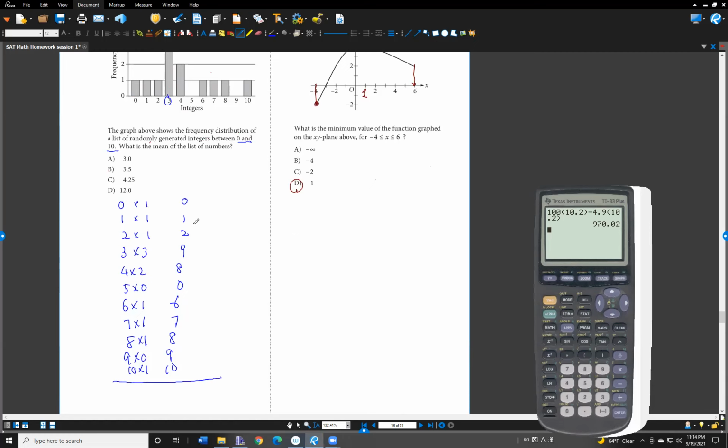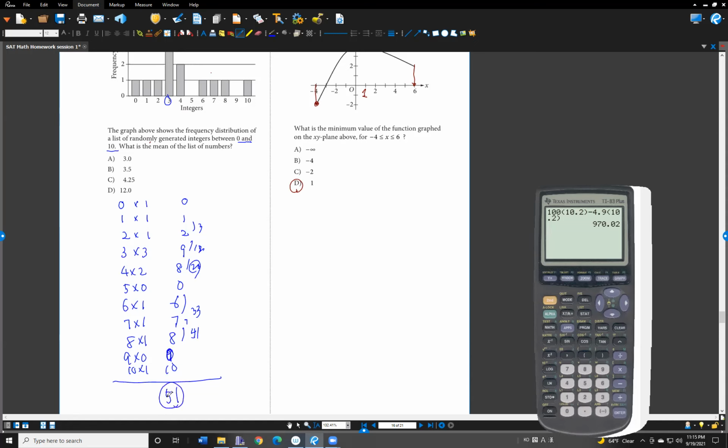Anyway, let me add these quickly: 3, 12, 20, 26, 33, 41, 49, and 10 makes 51.